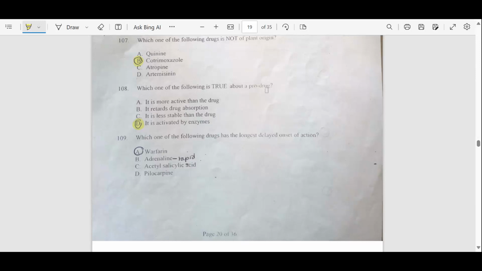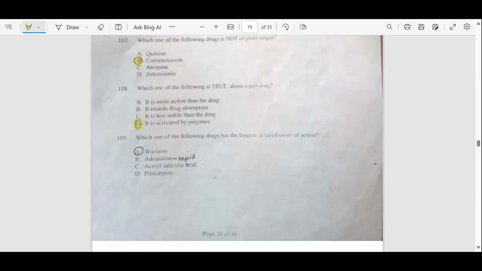Levodopa is another. Another example is azathioprine, whose active drug is mercaptopurine.